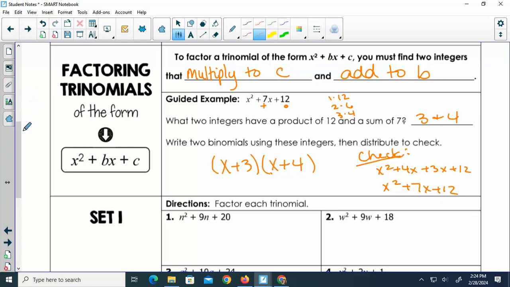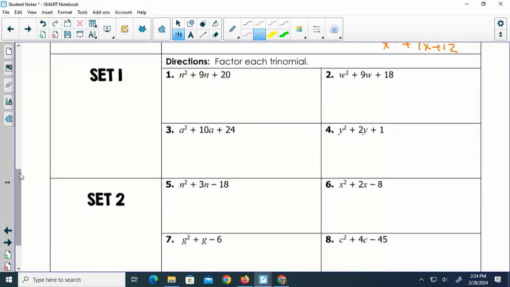So let's practice this. So n squared plus 9n plus 20. Some of you might just be able to look at that and know your numbers. If you can't, you might need a list of numbers out to the side. You don't have to write out the numbers, but it can help you. So if you're thinking about things that multiply to 20, 1 times 20. Remember, they need to multiply to 20 and add to 9. Does that work?